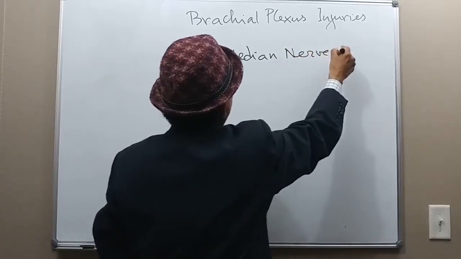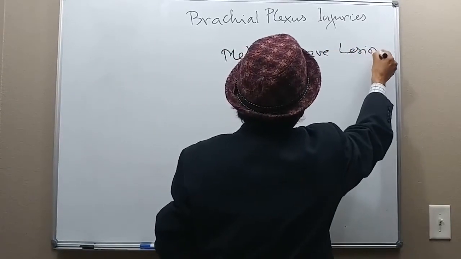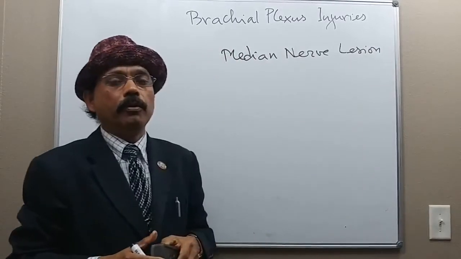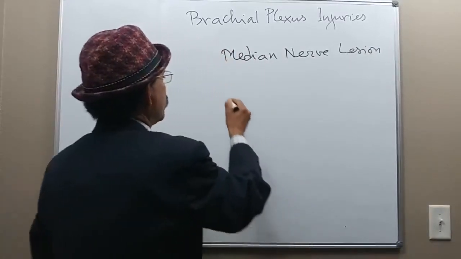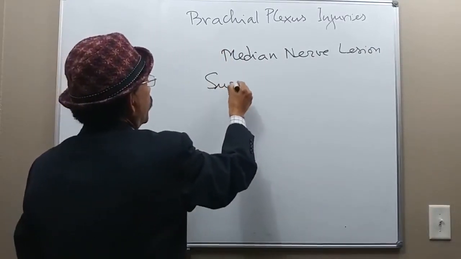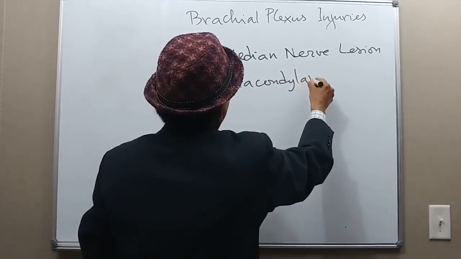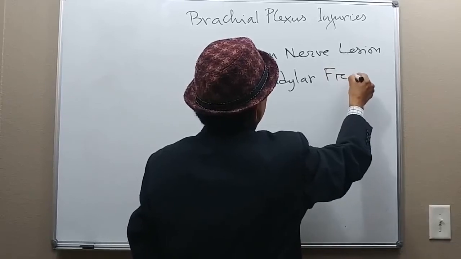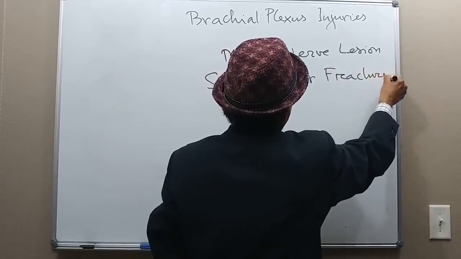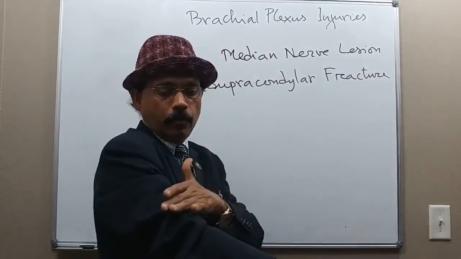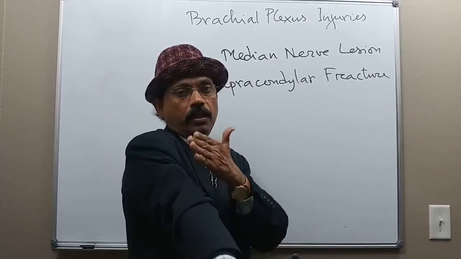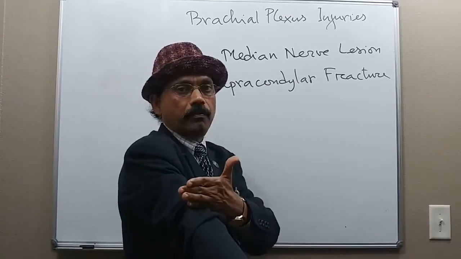nerve lesion, that is possible, especially in case of supracondylar fracture. Supracondylar region of the humerus, there may be fracture, and the median nerve may be involved.